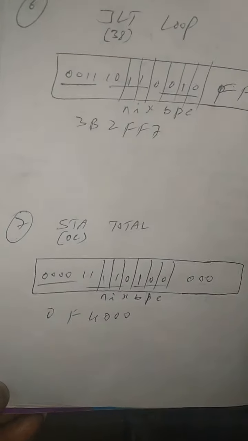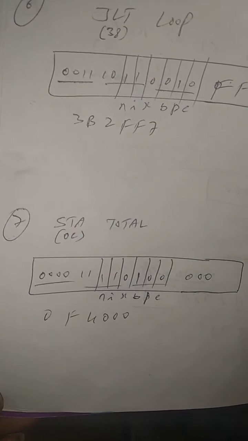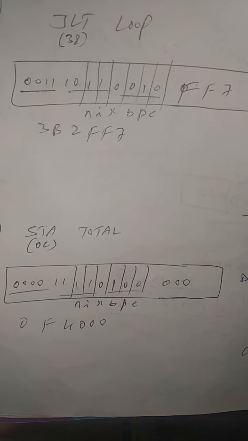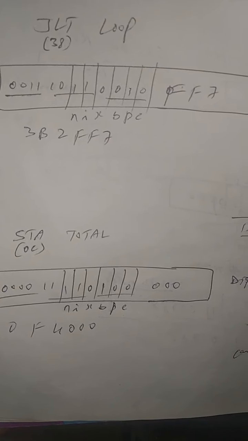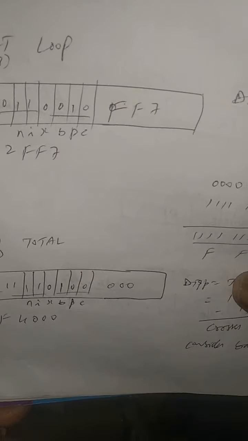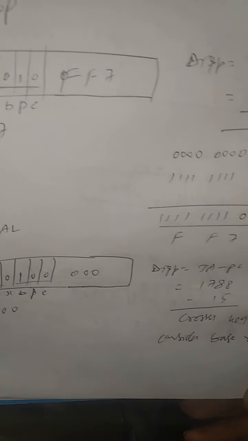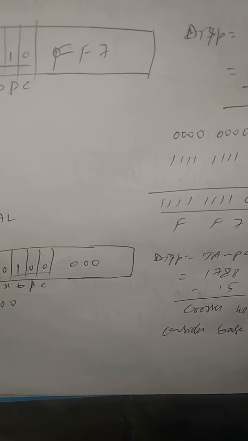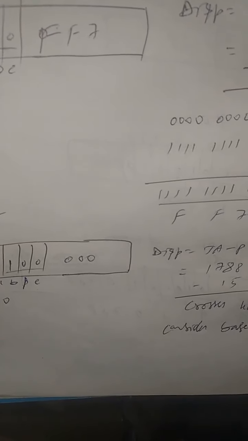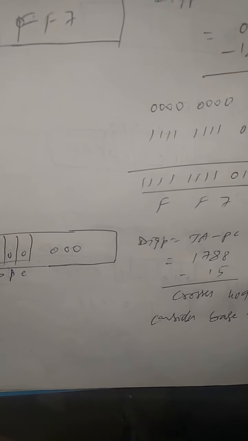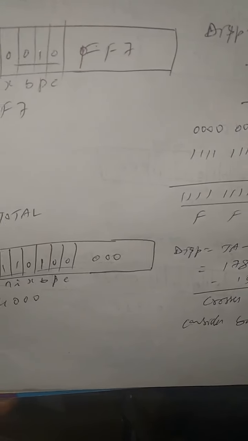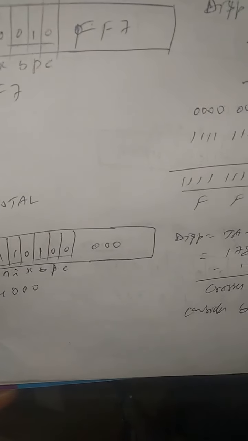Then we have STA total. STA has got 0C. It is 000011, with the last two bits being N and I. First you have to try with PC relative, but it is not going to fit into the memory location because the last value is 4095. If it exceeds that, you have to consider the base register.